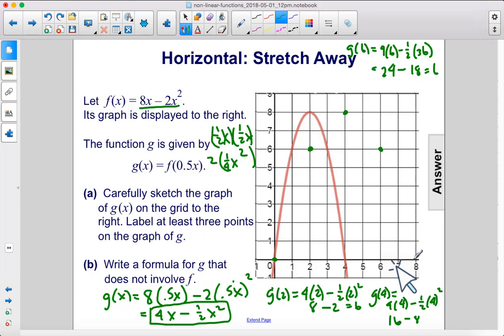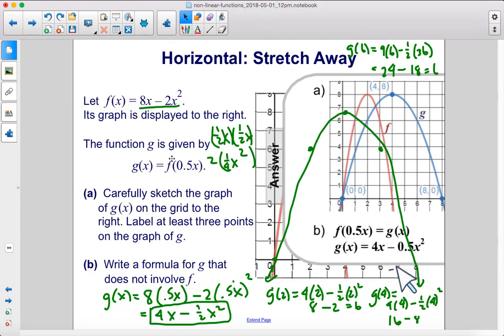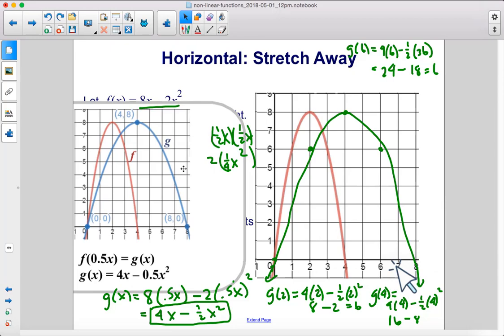So we can draw our parabola because it looks like that. Once again, I'm not a very good freehand drawer. Alright, so we have our answer here. So now our parabola has stretched away from the y-axis and it's much wider than it was before. And our new formula is 4x minus 1/2 x squared.